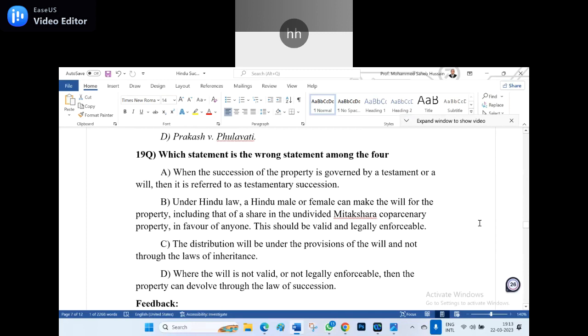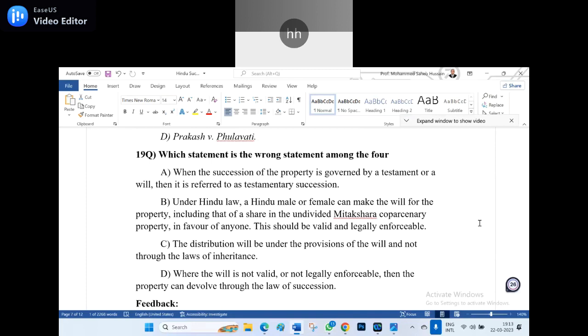B. Under Hindu law, a Hindu male or female can make a will for the property, including a share in the undivided Mitakshara coparcenary property, in favor of anyone. This would be valid and legally enforceable. C. The distribution will be under the provision of the will and not through the law of inheritance. D. Where the will is not valid and not legally enforceable, then the property can be devolved through the law of inheritance.